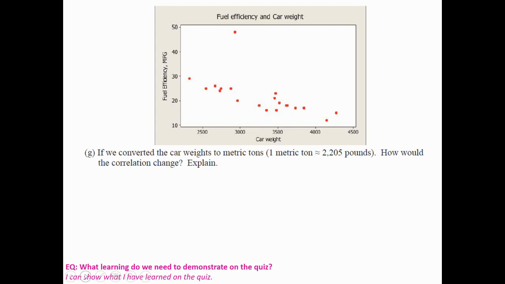One more. If we converted the car weights to metric tons, so 1 metric ton equals 2,205 pounds, how would the correlation change? Remember, first of all, correlation doesn't have units.